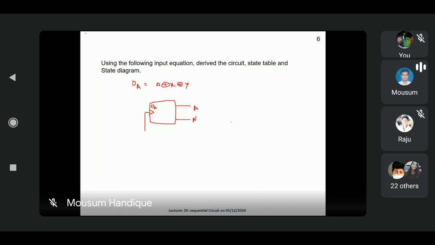So based on the equation, see here, A we can connect here. Suppose this one is X and this one is Y, because we are using two external inputs, X and Y. After that, which particular gate? We are using the XOR gate, because A XOR X XOR Y. What is the symbol of XOR?